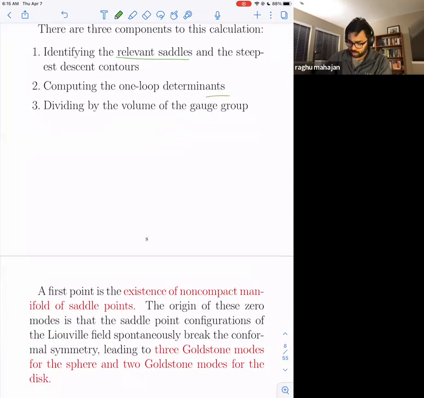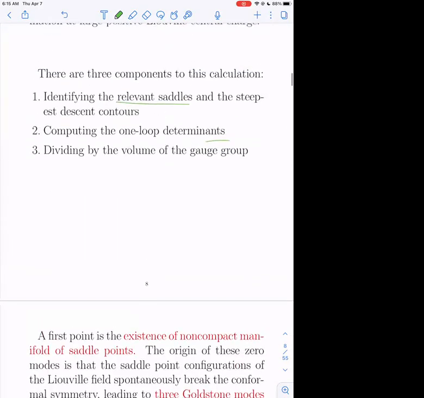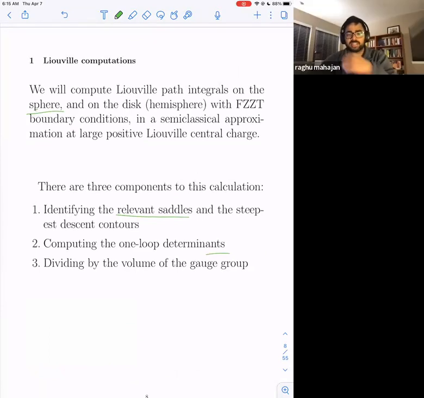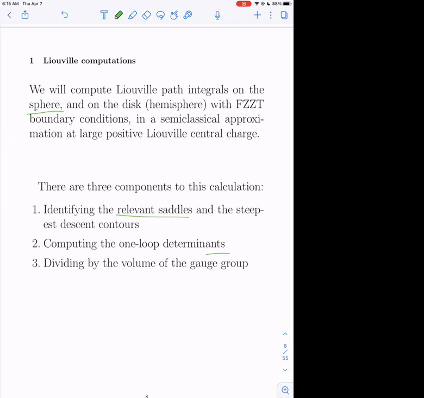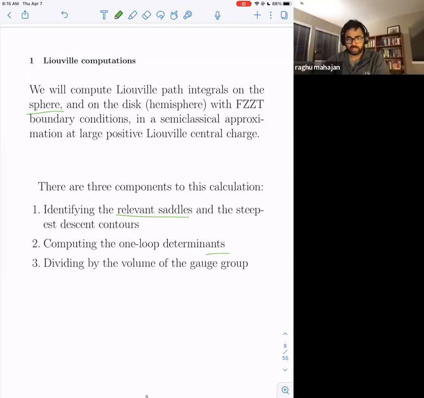Can I ask a question? Yes, Ashok. You will do the calculation in the large P limit, you said, right? Exactly. Is there a systematic 1 over P expansion around this calculation? Yes, one can also do that. These papers by Aninos and Mühlmann do that.